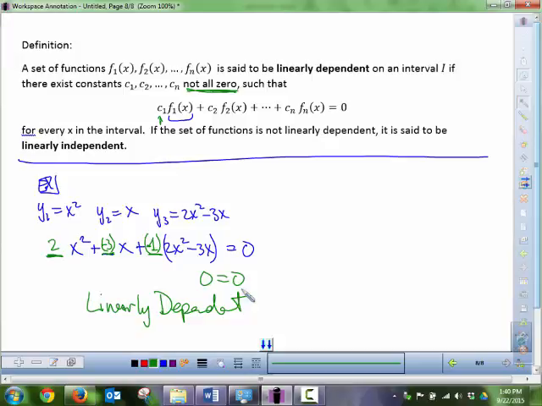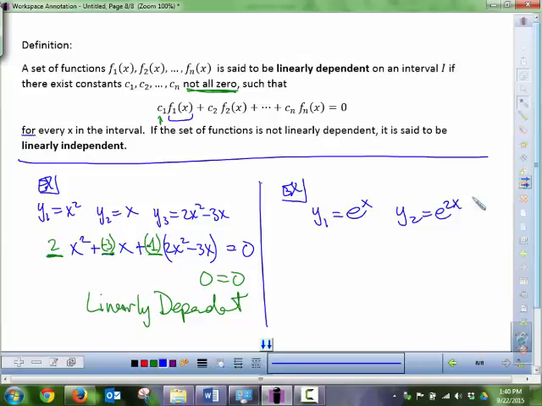Okay? Now, if I had y1 equal to e to the x, y2 equal to e to the 2x, I can ask the same question: can I find a couple of numbers to multiply? I can only put scalars, so either real numbers or complex numbers.